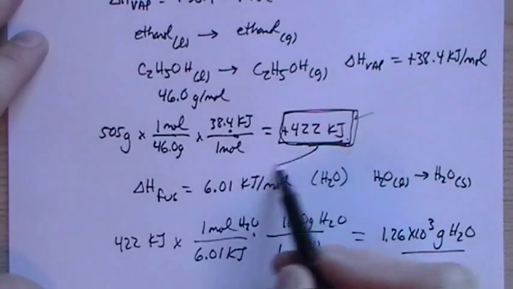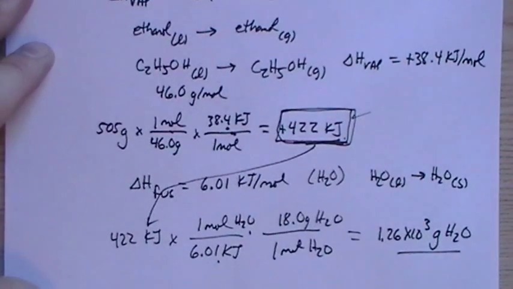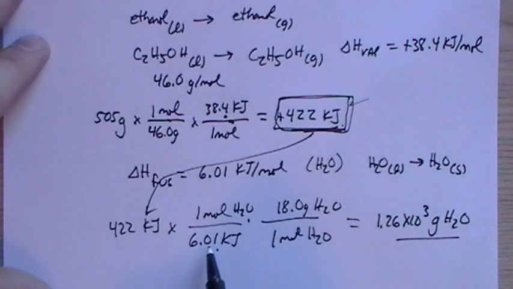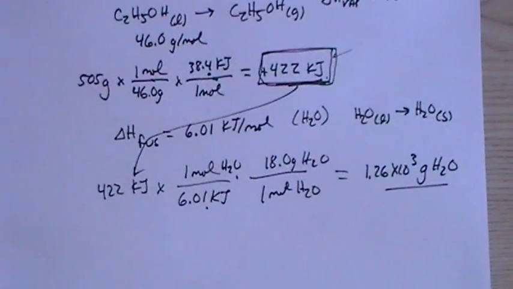Then we take that amount and put it into this expression. We try to determine how much of the water was frozen. So for every mole of water frozen, we needed 6.01 kilojoules of energy. So we convert that energy to moles and moles to grams, and there you go.